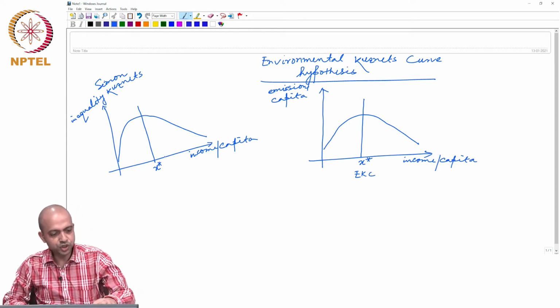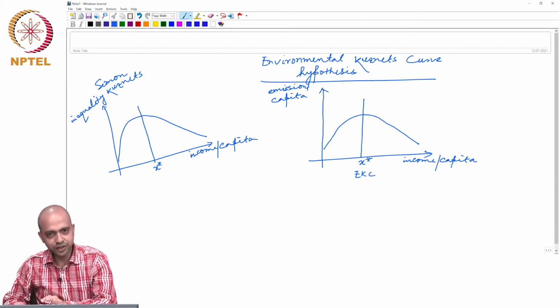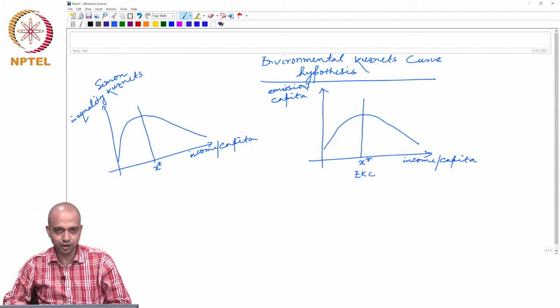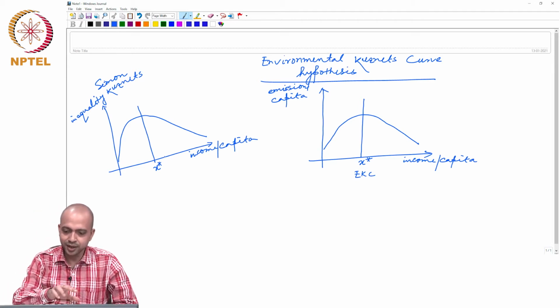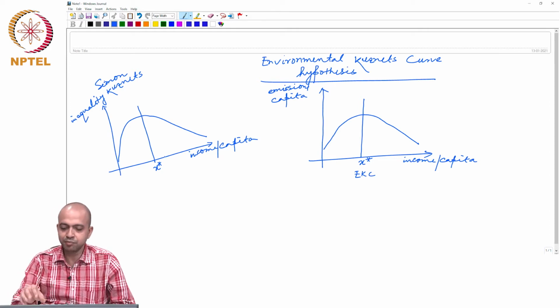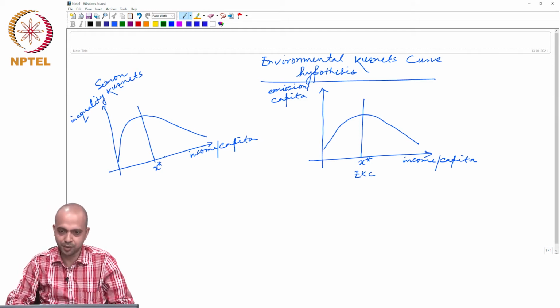So, this was the original Kuznets curve hypothesized by Simon Kuznets, and later on the idea was borrowed by environmental economists and they applied the same concept in the context of the income and emission domain, and that is why it is called the environmental Kuznets curve, while this was the original Kuznets curve which hypothesized the relationship between inequality and income per capita.